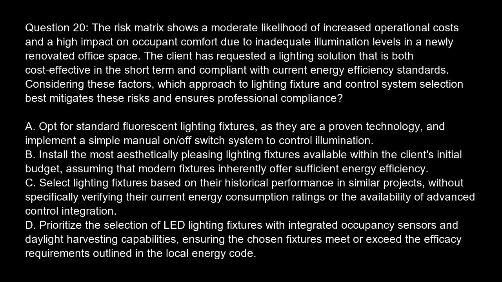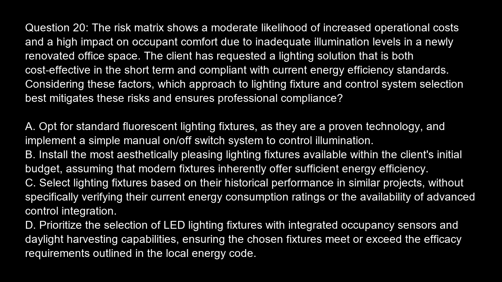Option A. Opt for standard fluorescent lighting fixtures, as they are a proven technology, and implement a simple manual on/off switch system to control illumination. Option B. Install the most aesthetically pleasing lighting fixtures available within the client's initial budget, assuming that modern fixtures inherently offer sufficient energy efficiency.